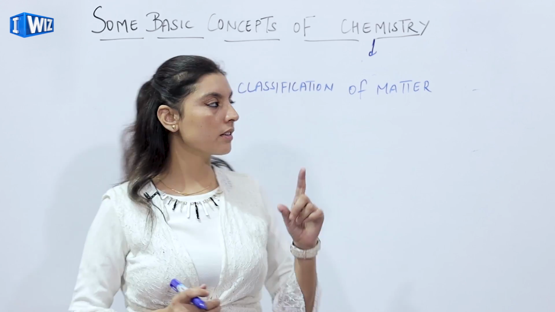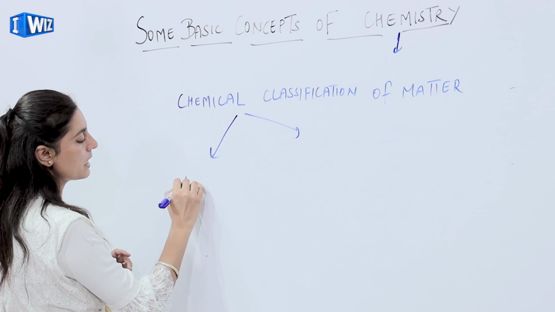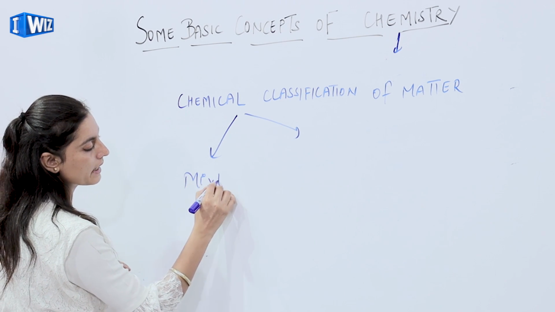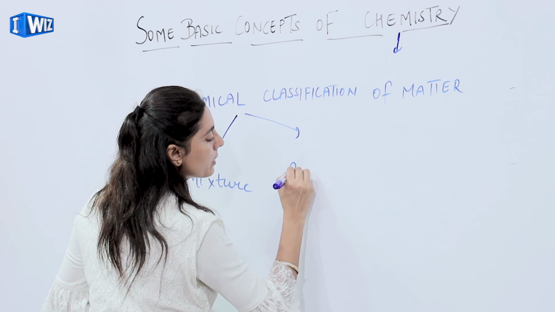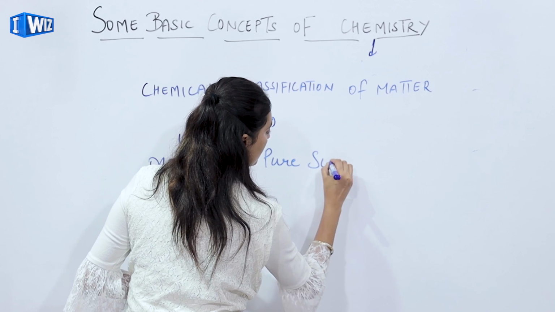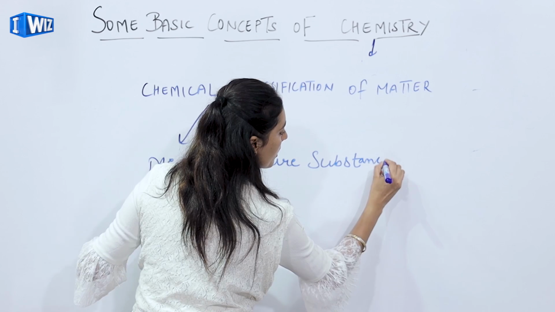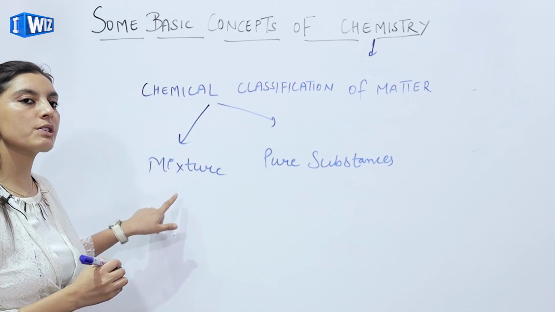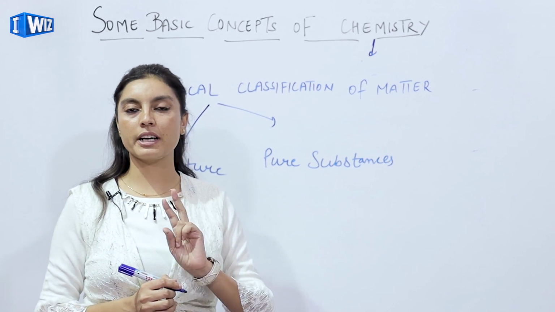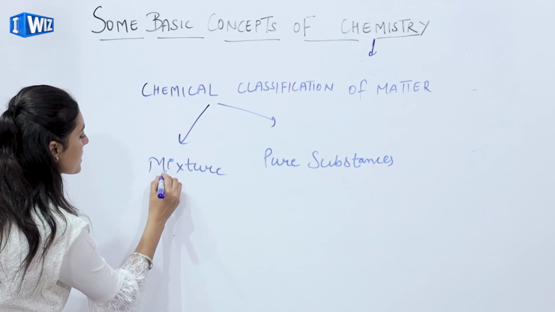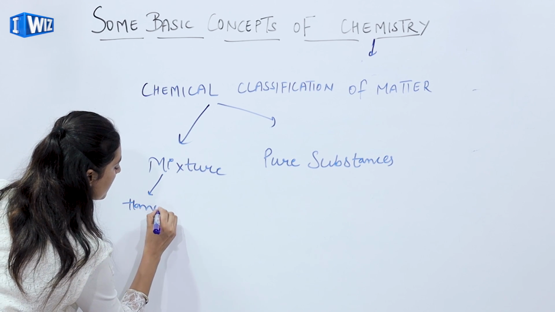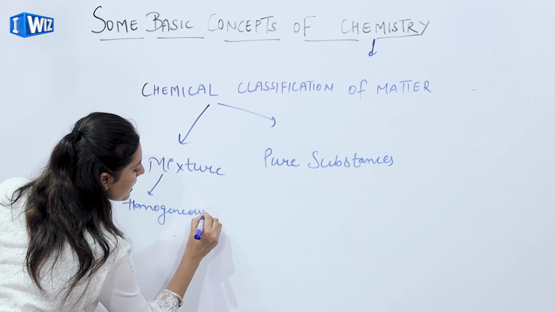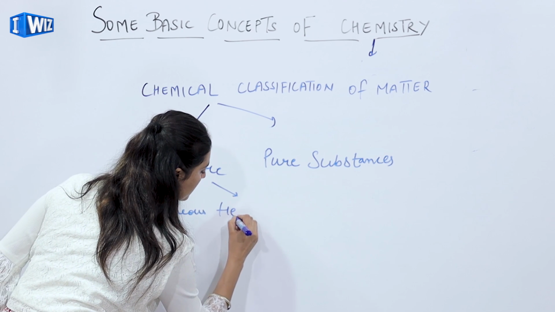So the very first thing, chemical classification of the matter is a mixture, and the other one is the pure substances. Now, if I talk about the mixture, mixture is further categorized into the two different categories. The very first one is a homogeneous and the other one is the heterogeneous.